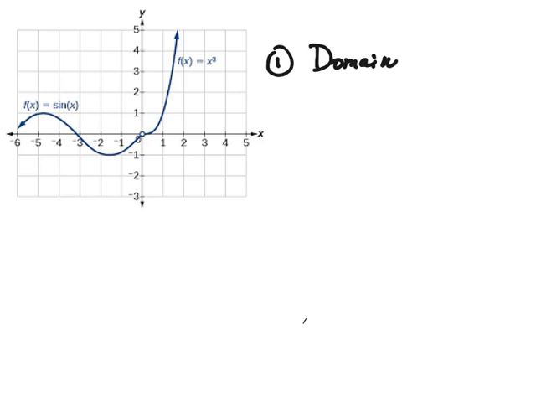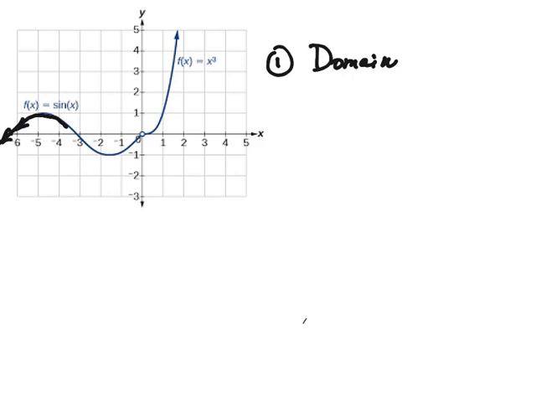Domain represents, if you remember, all the possible values of x, right? So here, look at the behavior of your graph. As x gets smaller and smaller, what happens to your graph? It looks like it's going down, right? On the left side, it's decreasing.